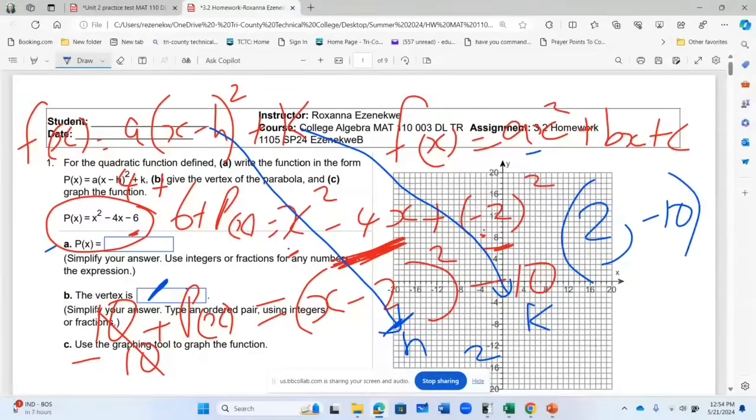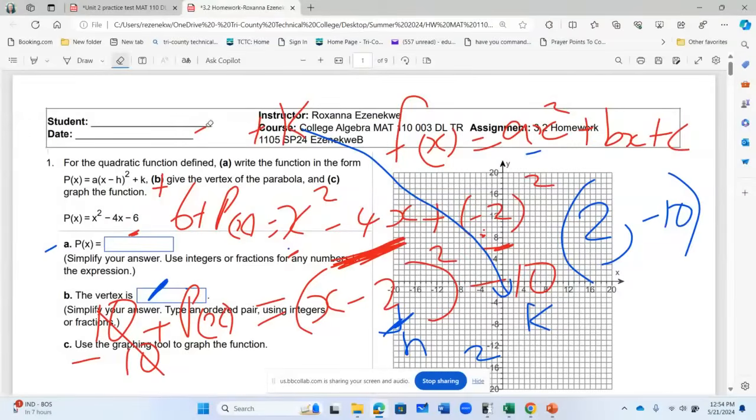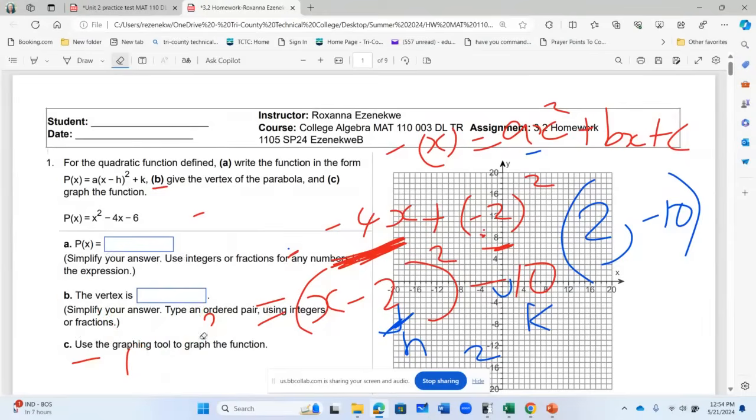So you will be told in test number 2 to change a quadratic equation from vertex form to standard form, or from standard form to vertex form. So we're going to find another one.